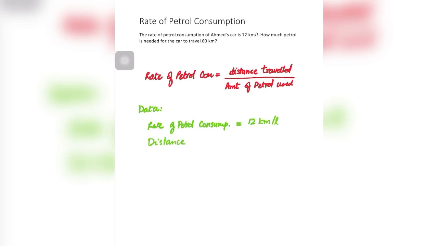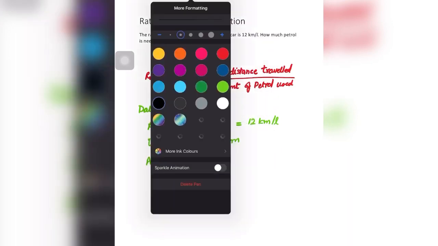Distance is 60 kilometers, right? It's given how much distance we are talking about. And what we have to find out is how much petrol is needed, so the amount of petrol is unknown. Okay, so let's move on with the solution.